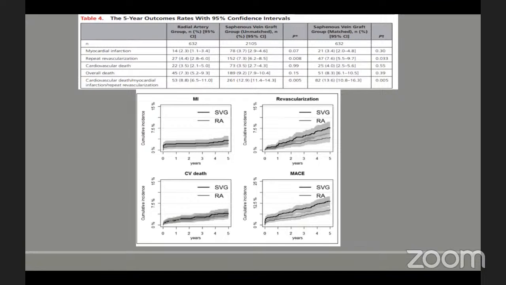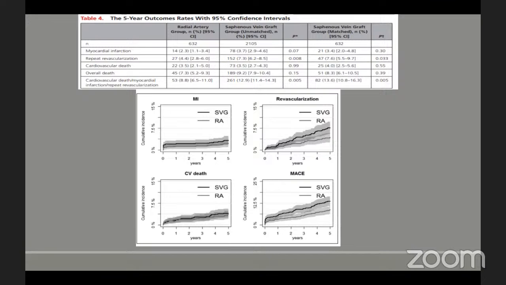Radial artery group, saphenous vein graft group unmatched, and saphenous vein graft group matched. In myocardial infarction, we can see the saphenous vein graft group unmatched having the higher number of 28, and repeat revascularization of the saphenous vein graft group unmatched having the higher of 152.